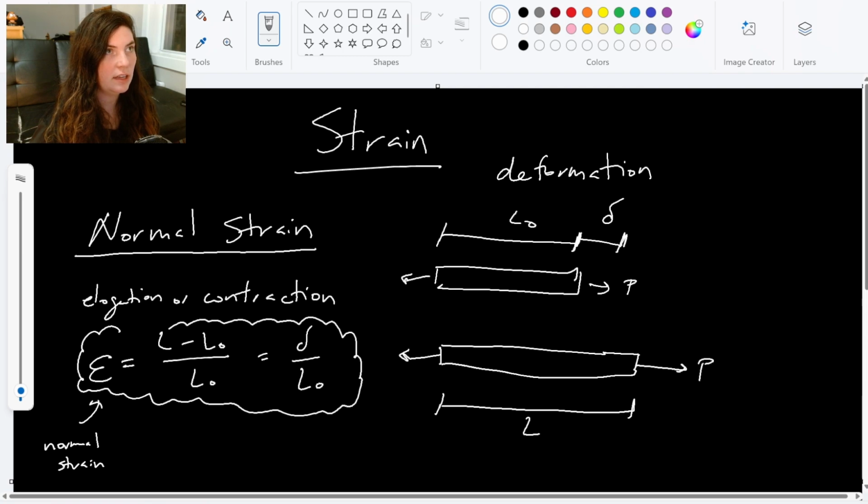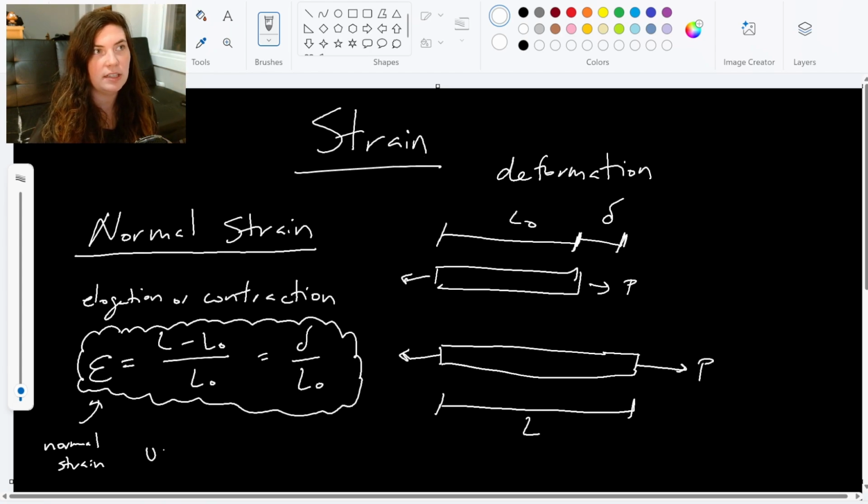And you'll notice that we have a length term over a length term, right? If we had, say, this was 1 meter and delta was 0.1 meters, we would have 0.1 over 1. And that would technically give you something that's dimensionless, right? But for our units for normal strain, we typically keep the length units in there.